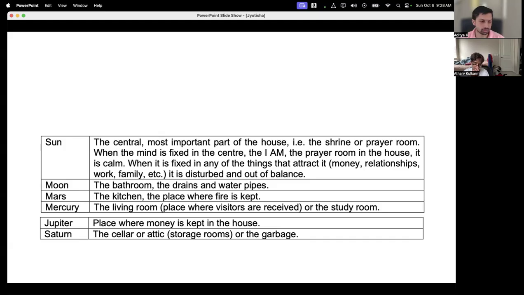So in the old days, in Vastu, in India, the houses were always built around the puja room. They would have the puja room in the center and all the rooms would be around it, because that is governed by Ravi or Surya. If that room is kept neat and clean, and if the right amount of puja or ritual, whatever spiritual practice, is going on in the house, then the rest of the house, we call them Subhiksha.